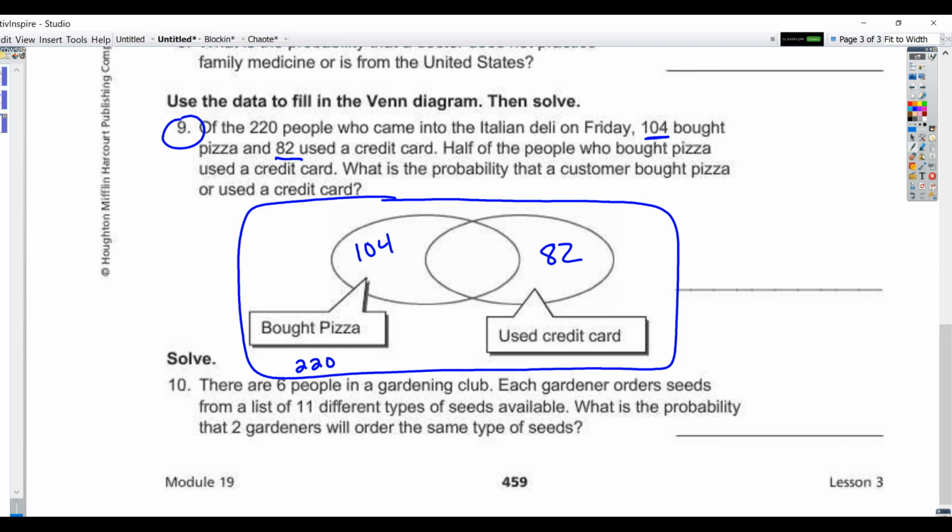So these 104 still bought pizza, but half of them also use a credit card. So take half of that, which is 52, and move it there. But what is wrong with that? This is too big. So I have to go back to just 52. Now, do I have 104 people in the pizza? Yes. What do I need to do here as well? Minus 52. And what would that give me? 30. So this is going to be 30.